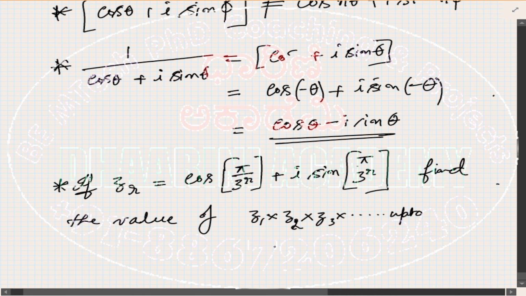So take the product z1, z2, z3, z4 and so on up to infinity. All the infinite terms, if you take the product, what is the answer is what they have asked.